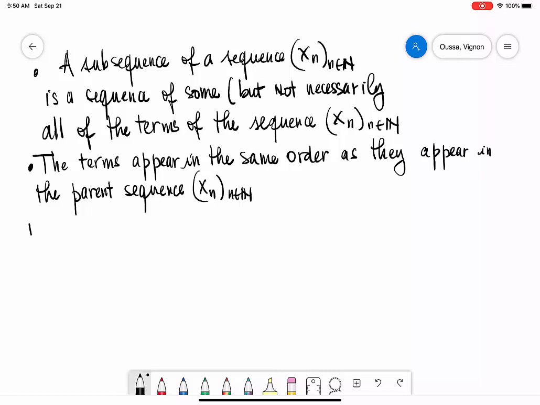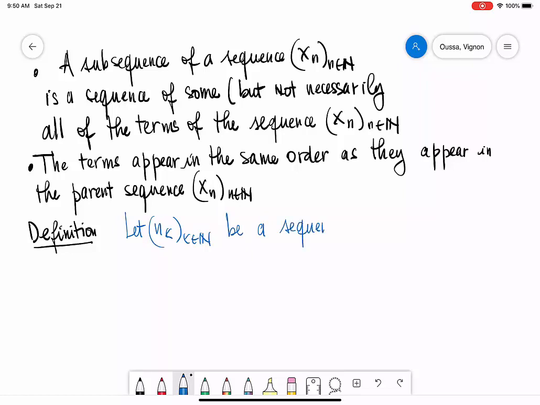Now finally, here is our formal definition. Let n_k be a sequence of strictly increasing natural numbers.